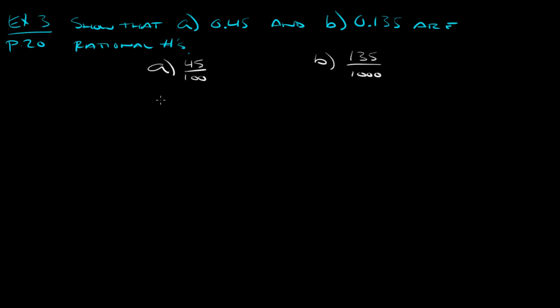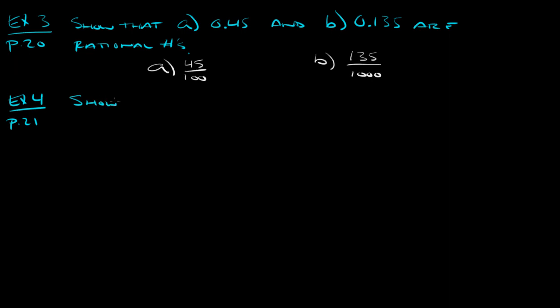Alright, let's take a look at example 4, which is on page 21. Okay, these are a little bit more challenging, but that's good. We like a good challenge, right?